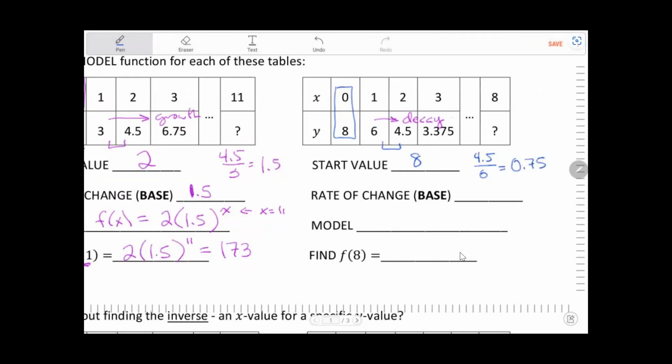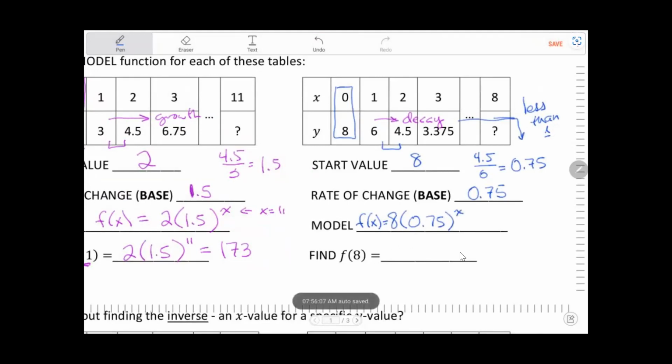That's what I was expecting, because a decay, remember, is going to be less than 1. And I have less than 1, so that's good. So our rate of change, also called our base, is 0.75. Our model looks like this: f of x equals 8 times 0.75 to the x power.